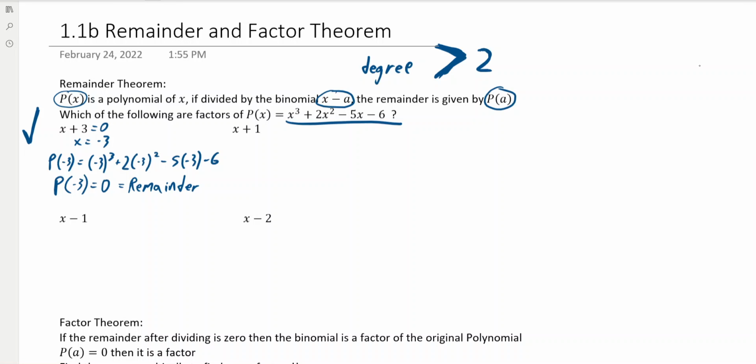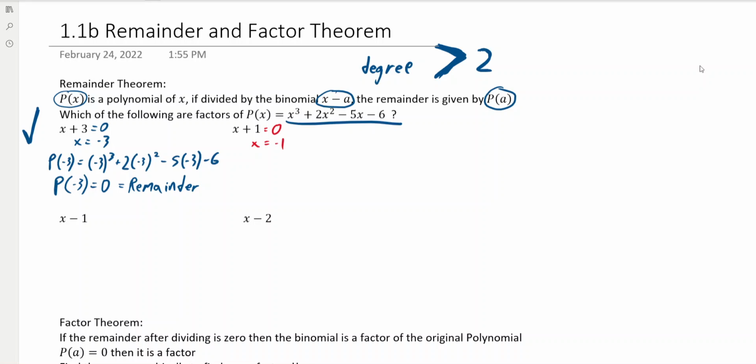Okay, I recommend pausing the video, trying out the rest of these three with that same polynomial, and seeing if any or all or some of those are factors. All right, let's take a look together. So same process, we're going to make it equal to 0, rearrange it, solve for x.